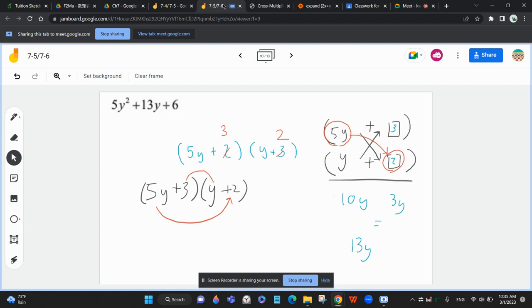So that's why we have this. Yeah, that's why we should read the answer like this. Yeah, it's multiplying.